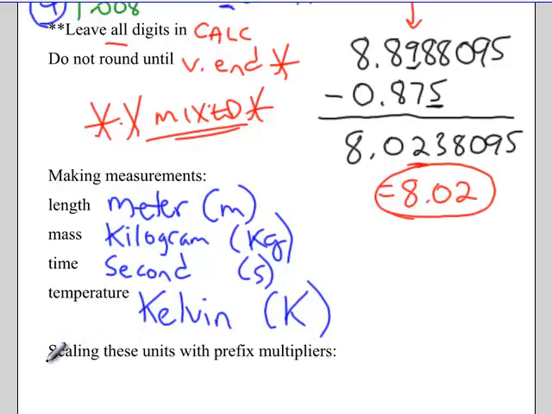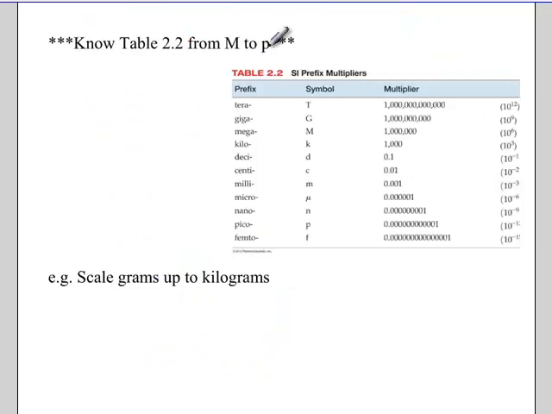So we want to be able to scale these up or scale them down. And we're going to scale them by using prefix multipliers. These prefix multipliers are found in table 2.2. I try to keep the amount of memorization that you need to a minimum.